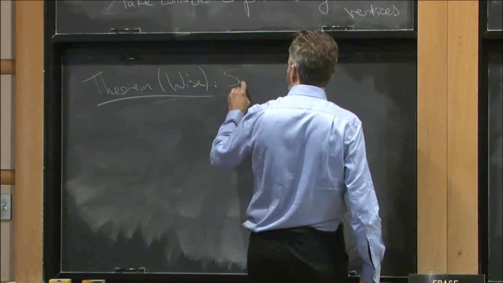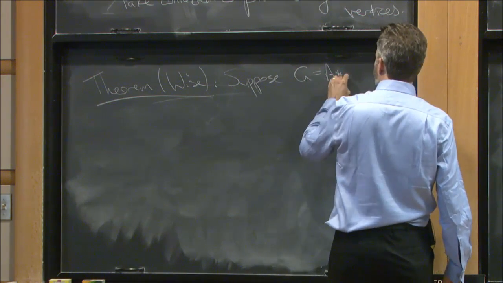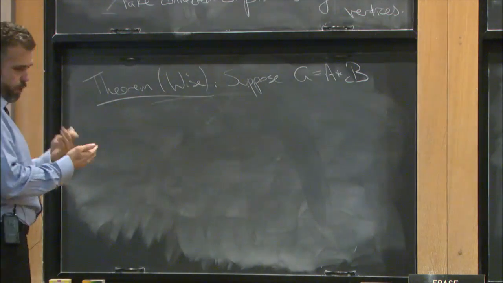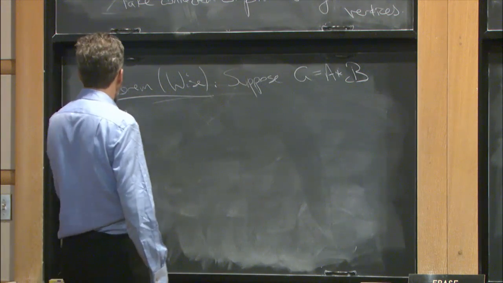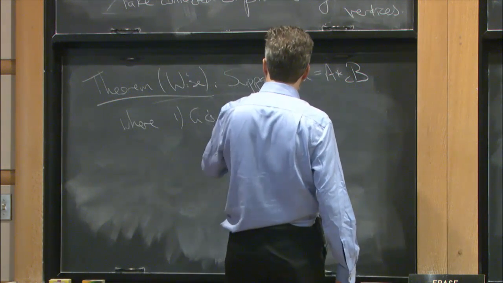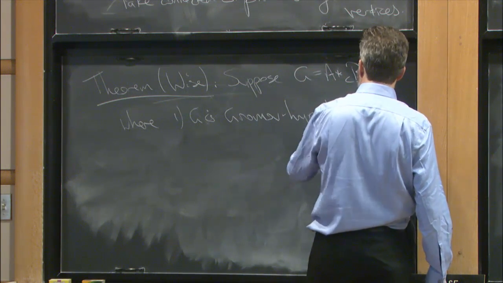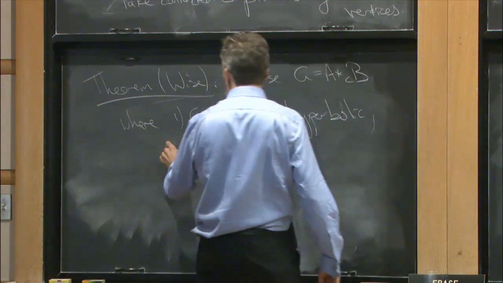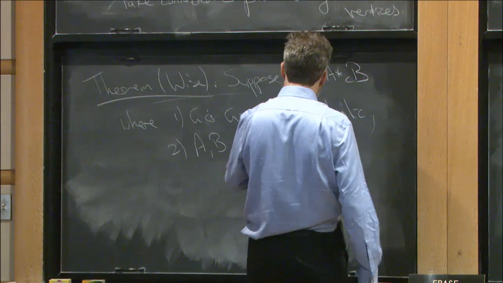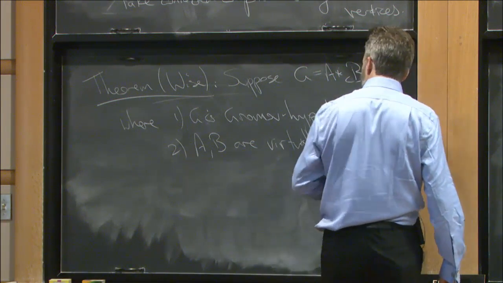Suppose G, I'll just state, is an amalgamated free product of groups A and B over an amalgamating group C, where G is Gromov hyperbolic, A and B are virtually special.